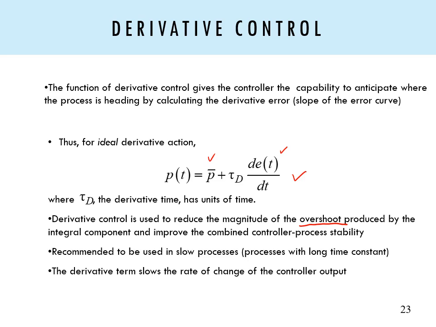The PID controller is used mostly in slow processes, for example temperature control, because the process requires a longer time constant. The derivative term slows the rate of change of the controller output.